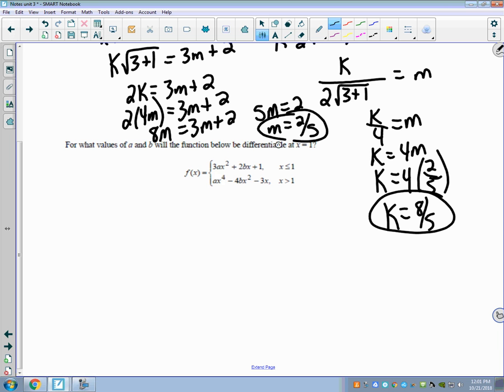Let's look at this last one here. It says, for what values of a and b will the function be differentiable? Same idea, they're just higher values. Notice that this one just says when will it be differentiable, but remember that it also has to be continuous to be differentiable. So you still are going to do it the same way, right?